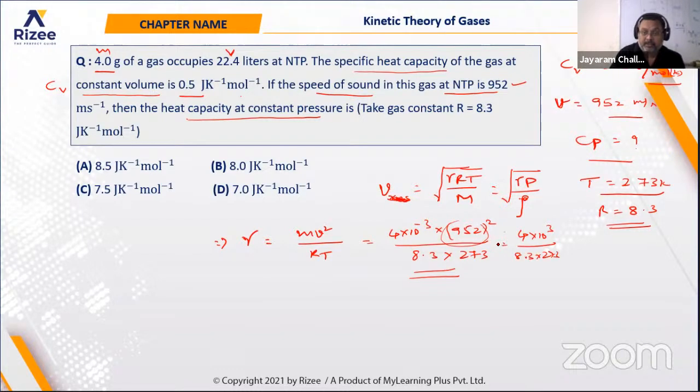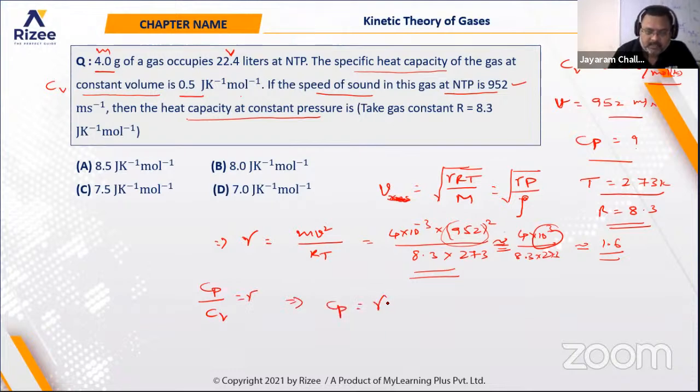I'm going for an approximation here, since we don't have the time. So this will be around 1.6 or 1.7 that you should be getting. As you know, Cp by Cv is equal to gamma, so Cp is equal to gamma into Cv, where gamma is 1.6 into your Cv value.